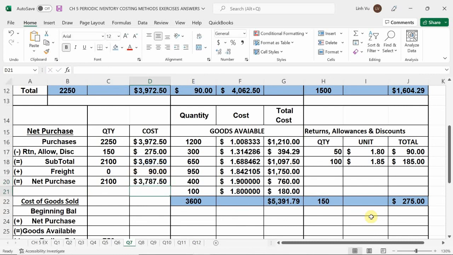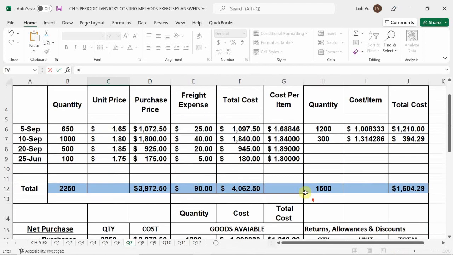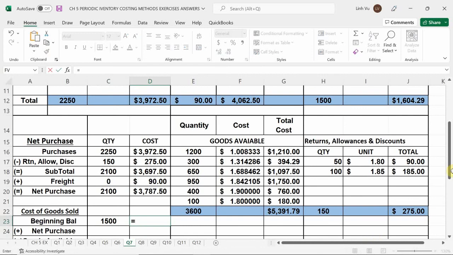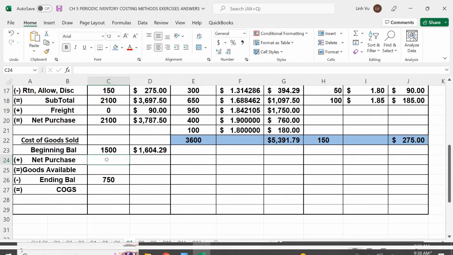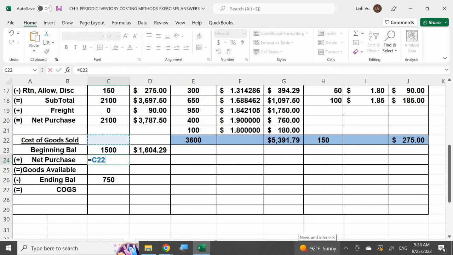So you're at 2,100 units at a grand total of $3,787.50. Okay. Do we have beginning inventory? Yes, we do, right? We carried over the 1,500 at the $1,604. We're going to carry down our net purchases of that 2,100 at that $3,787.50.